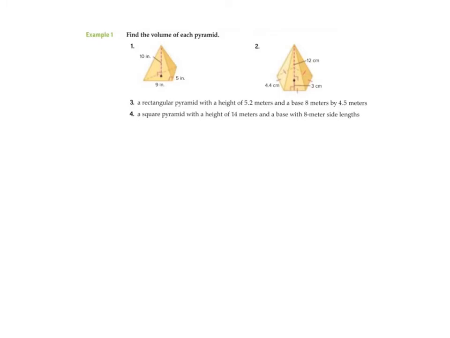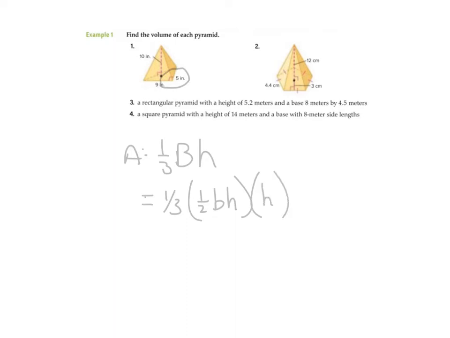First thing you need to notice, it's a right angled triangle, so its volume equals 1/3 of the base times the perpendicular height. Well, in this case it's 1/3, and then it's a half base times height, that's the area of the triangle, and your height is given there. So now start substituting in.